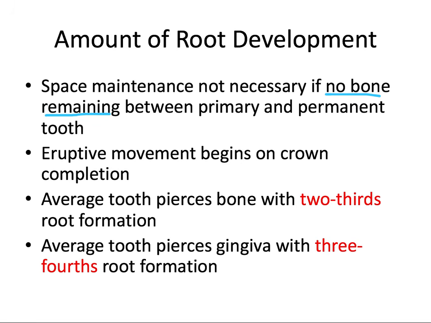So we probably don't need any form of space maintenance if that tooth is just a few months behind. Another reason why routine x-rays are just so important, so we can see that kind of information hiding underneath the gums.